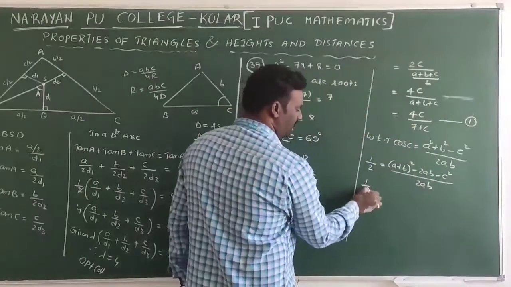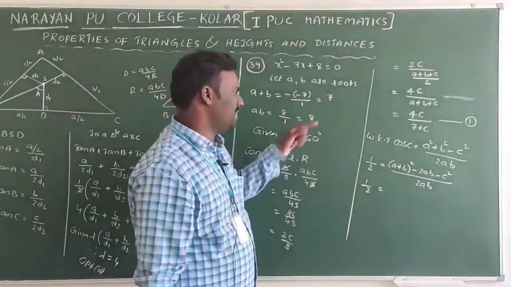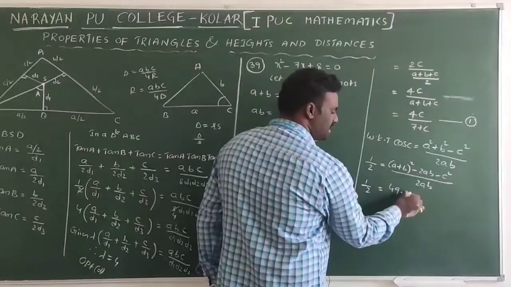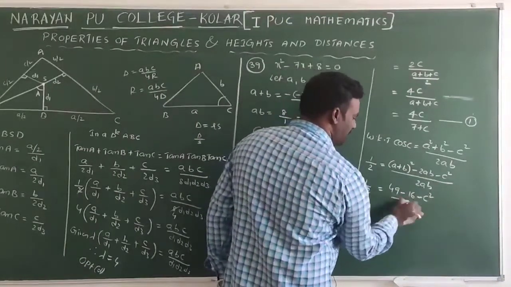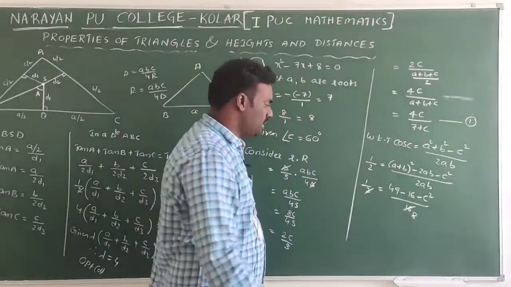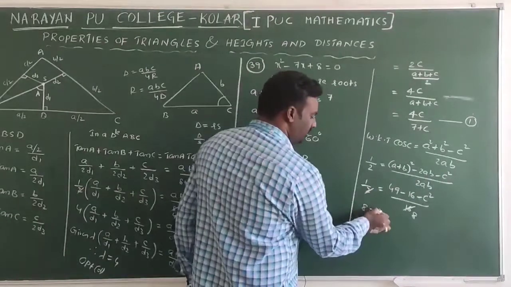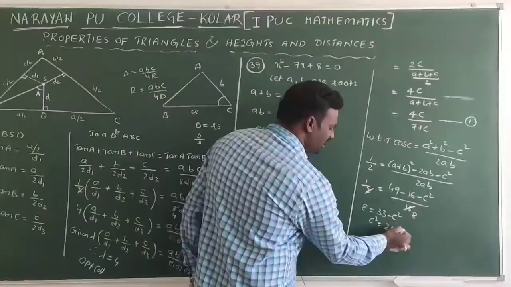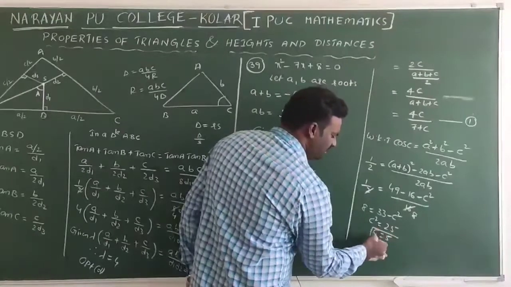Now 1 by 2 equals A plus B value already we know 7, 7 square is 49, minus AB value 8, 2 eights are 16, minus C square by 16. 8 times cancel. If you cross multiply, 8 equals 33 minus C square. Now C square equals 25, C value is 5.